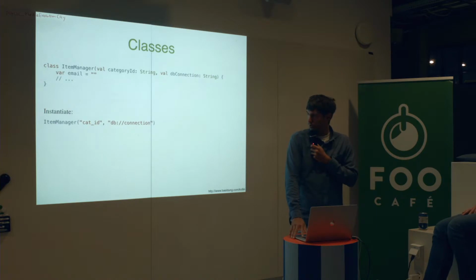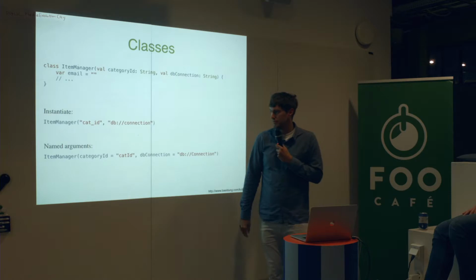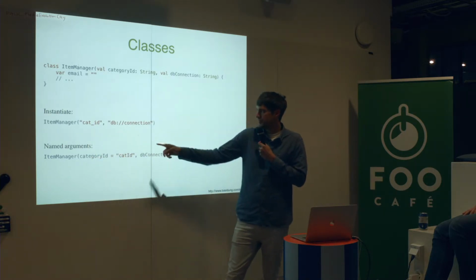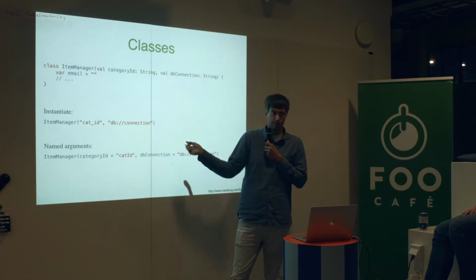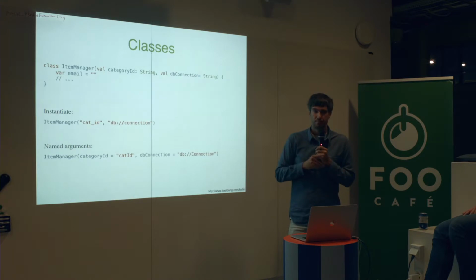But what's also cool is that you can have named arguments. So here you see that we have them, and you can pass in the arguments in any order that you like. This is quite nice for readability sometimes.